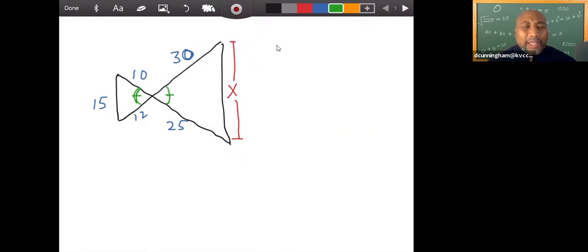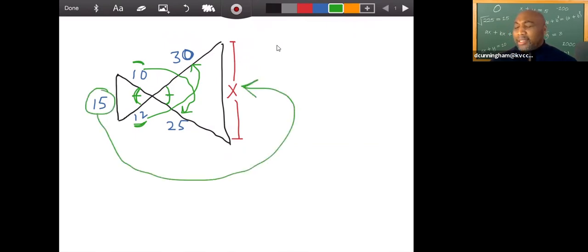Now, knowing that, we have 12 and 10 here, 12 being the greater number, 10 being the lesser number. So in this case, the 10 will correspond to the 25 and the 12 will correspond to the 30, which is the greater number on the bigger triangle. This 15 will correspond to that X.